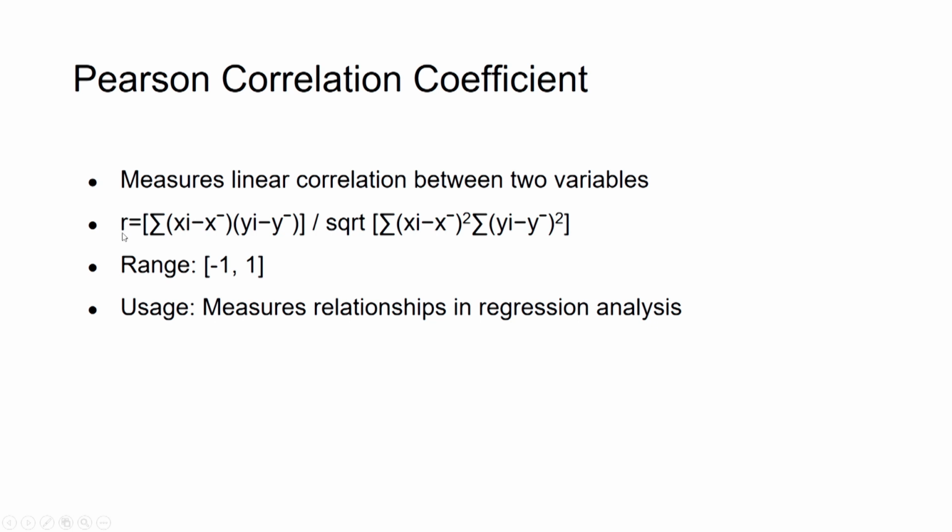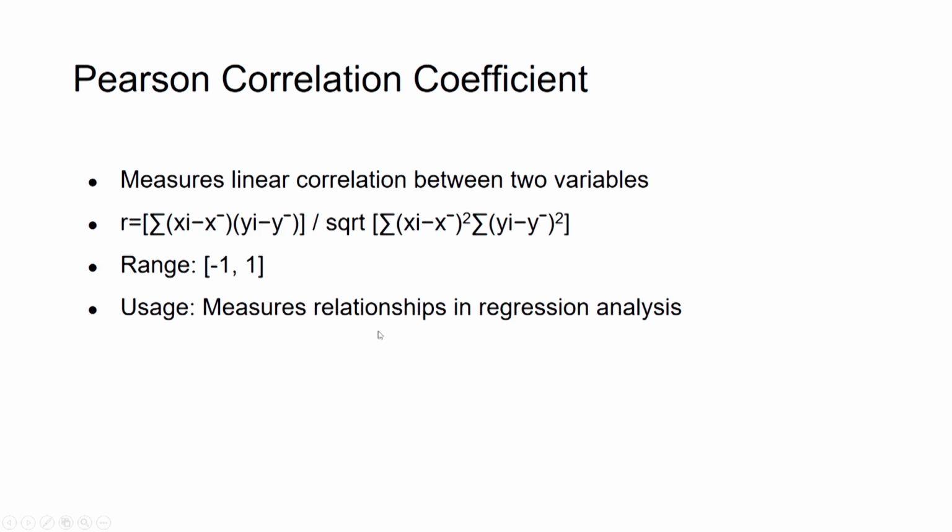It is generally denoted as R, and it is the summation of xi minus x bar, where x bar is the mean of all xi's, times yi minus y bar, where y bar is the mean of yi, upon the square root of summation of (xi minus x bar) squared times summation of (yi minus y bar) squared. When we calculate it, it will always come between -1 and 1.